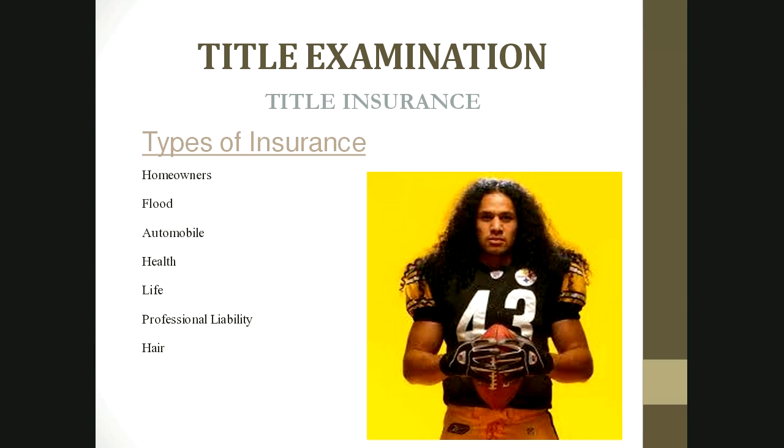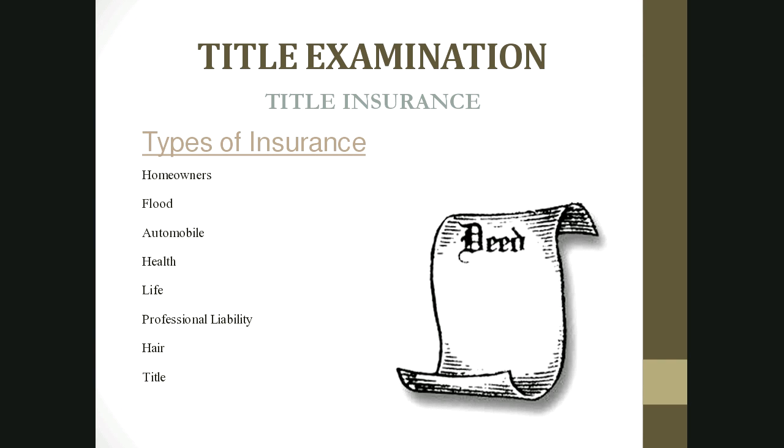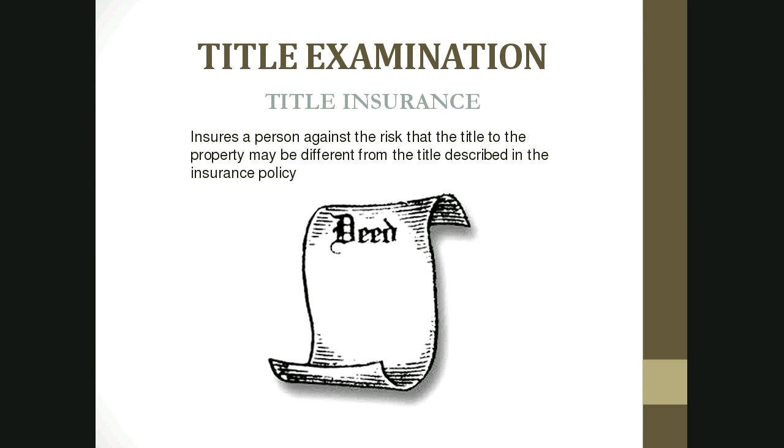So it makes sense that you'd have title insurance, right? Your ownership. So you can insure against a loss or damage of your ownership in property. Right, so you can buy title insurance, which is insured against the risk that the title to your property is defective or there's adverse claims.